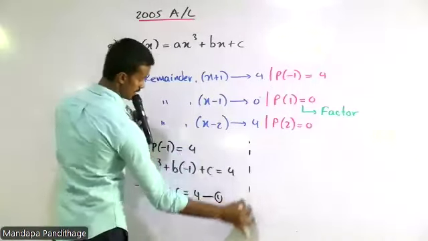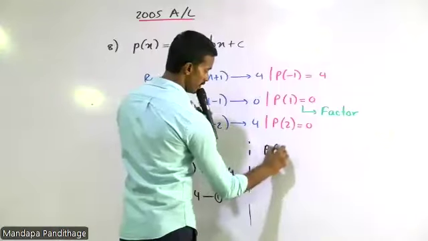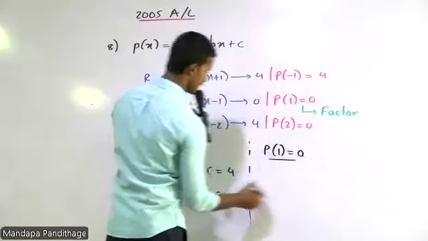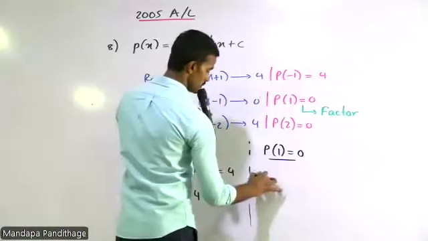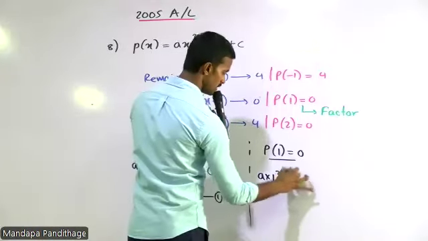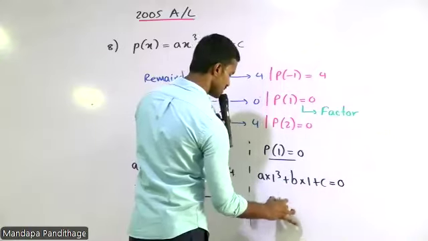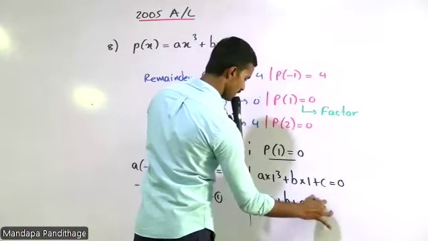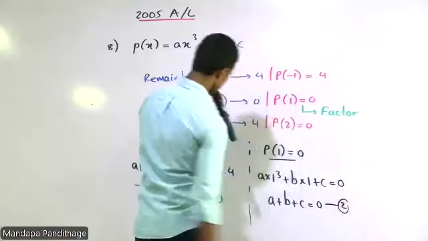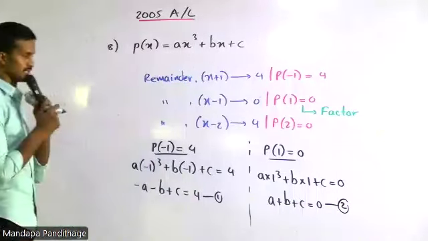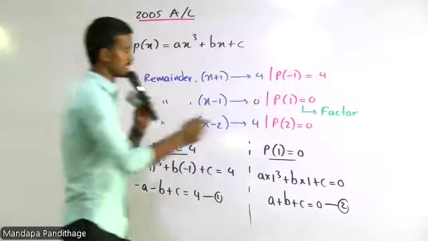And then consider P(1) is equal to 0, which is a factor. So a into 1 cubed, b into 1 plus c is equal to 0. a plus b plus c is equal to 0. So I'm getting 3 variables. That means I need 3 simultaneous equations.